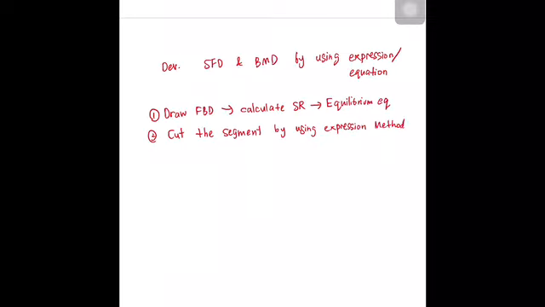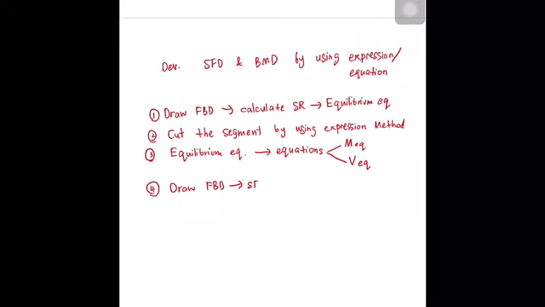By equilibrium equation, you then take out the equations: the moment equation and also the shear equation. Then you draw the free body diagram with all the support reaction values, the shear force diagram, and also the bending moment diagram in one page.